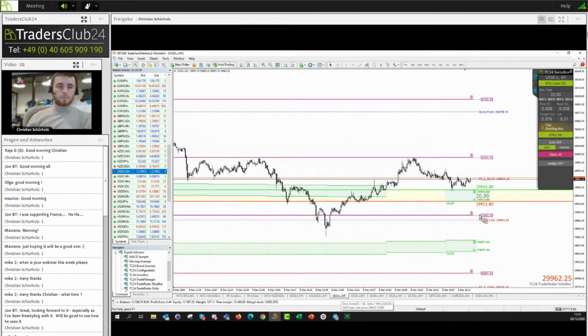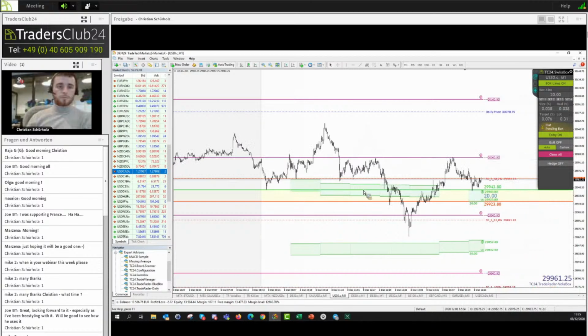Okay, so our box is still pending here on the Dow Jones. Feeling like this Fibonacci is a good area to replace our box.